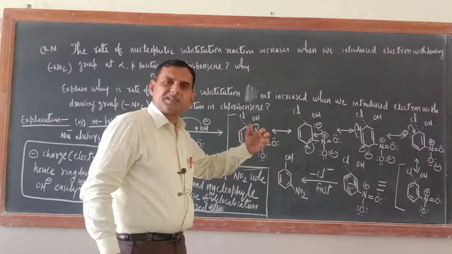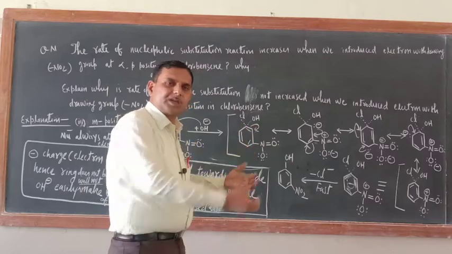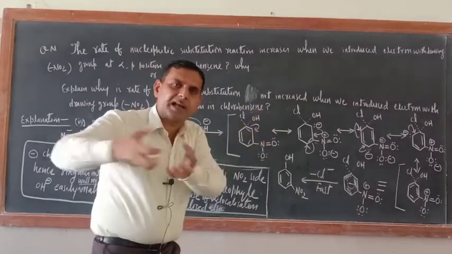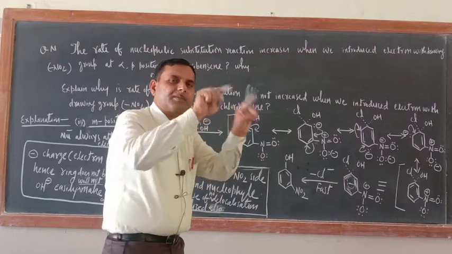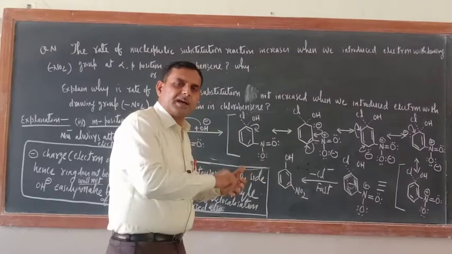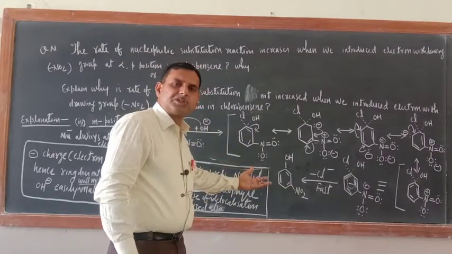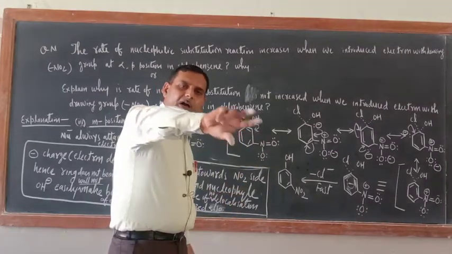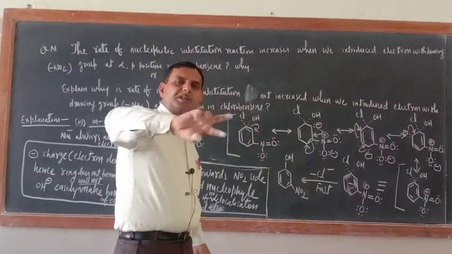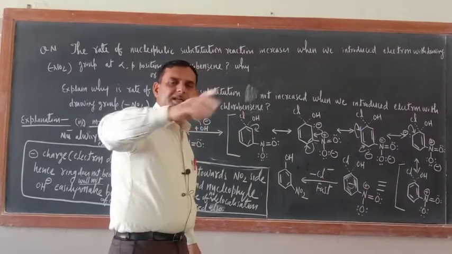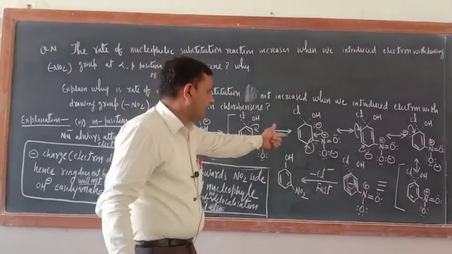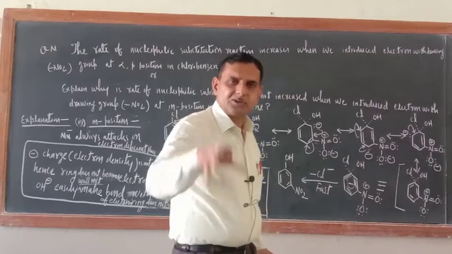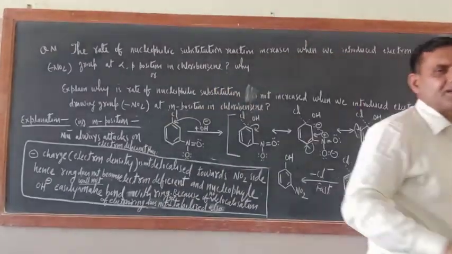When NO2 is present at the meta position, the ring does not become electron deficient because all 6 pi electrons only delocalize within the ring. They are not channelized towards the NO2 side. So this was the explanation.